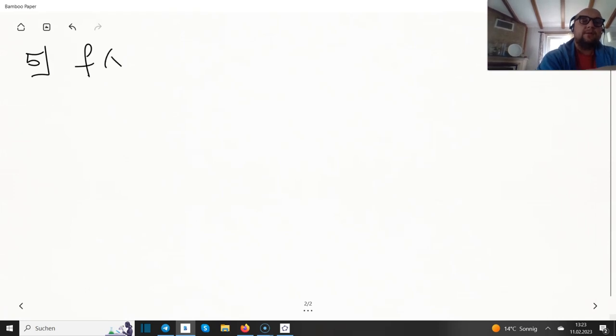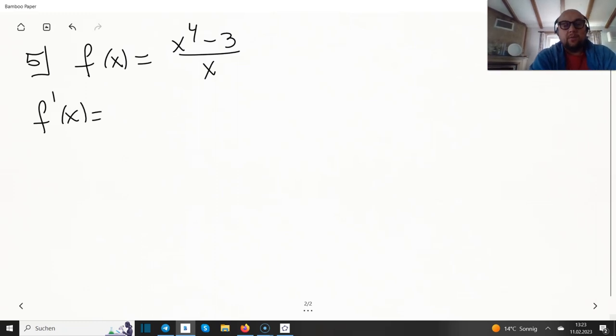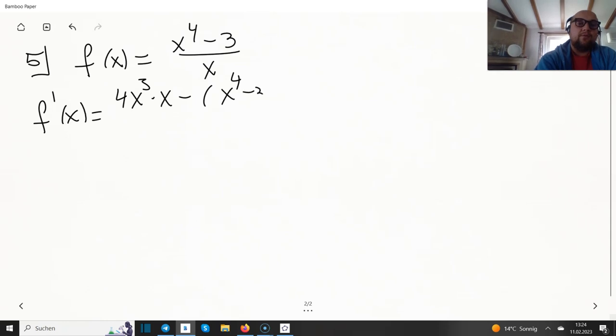All right, number 5, extreme values. We're going to find a derivative. Let me write the original function here correctly, and now we are going to produce the derivative. We are using the quotient rule, as you know. So this is 4x cubed times x minus x to the power of 4 minus 3 times 1 divided over x squared.